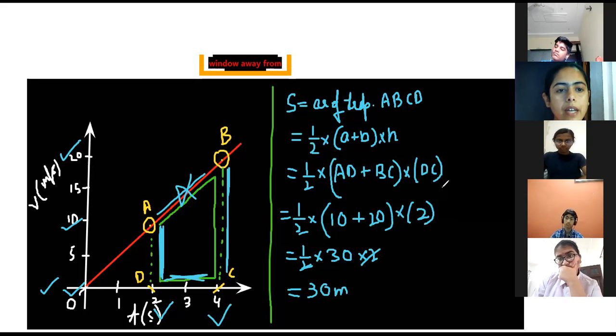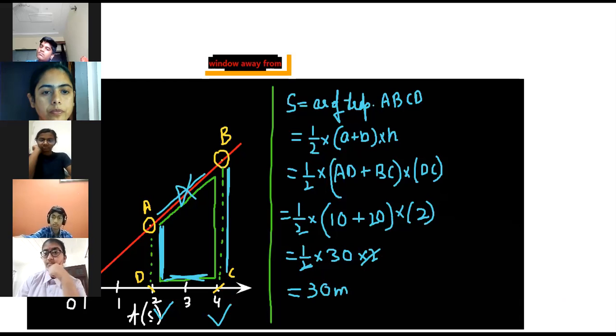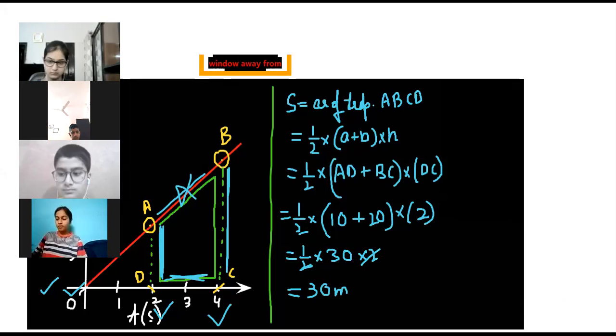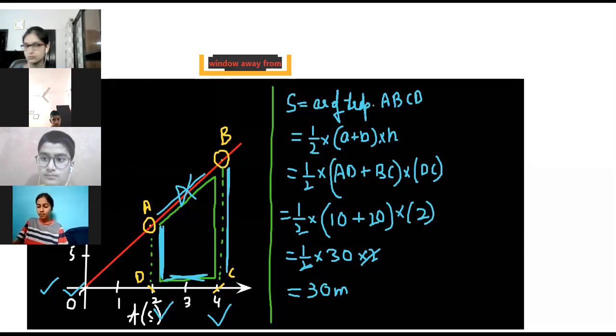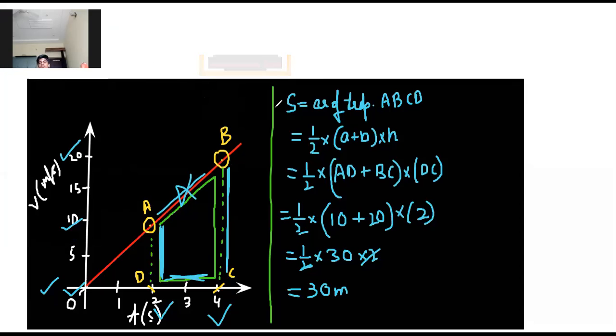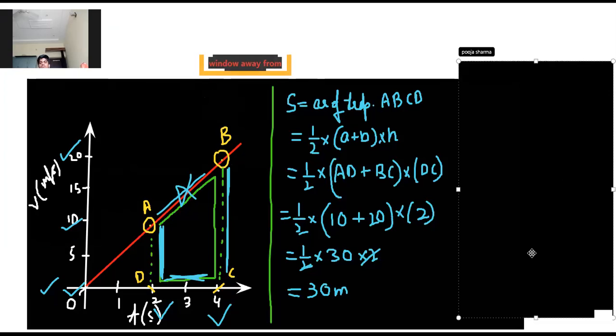Okay. Nobody is going to write it. Now, the thing is that maybe somebody forgot the formula of trapezium. Then what do we do? Rather than going for the trapezium, you have one more method. Maybe somebody forgets the formula of trapezium. Then what you are going to do is split the figure.